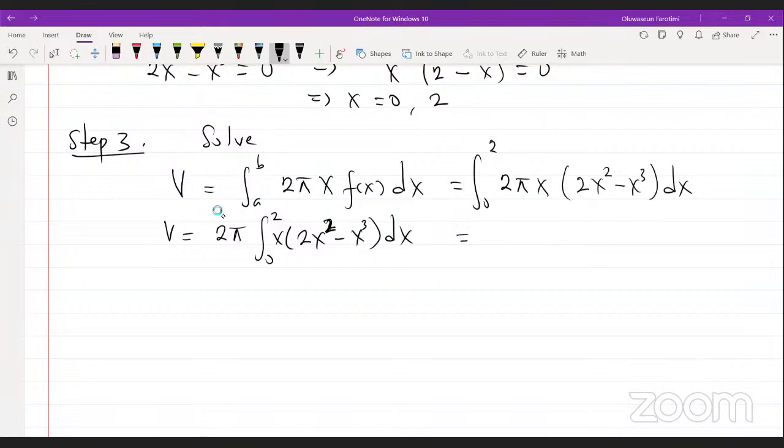So if you evaluate this integral, you have 2 pi up front, and then you have 2x to the 4th over 4 minus x to the 5th over 5, from 0 to 2.